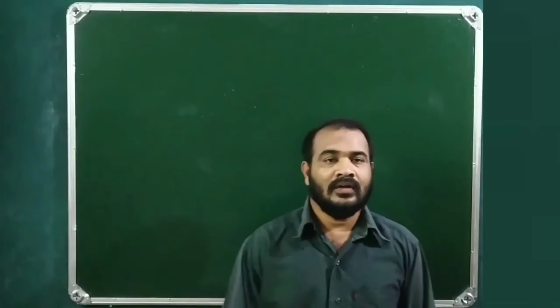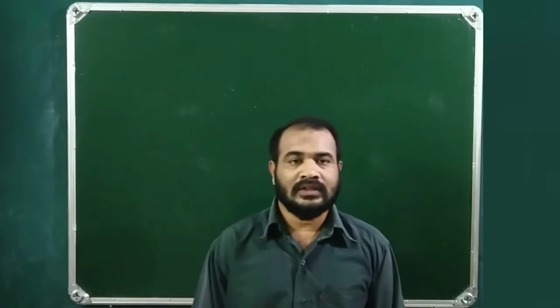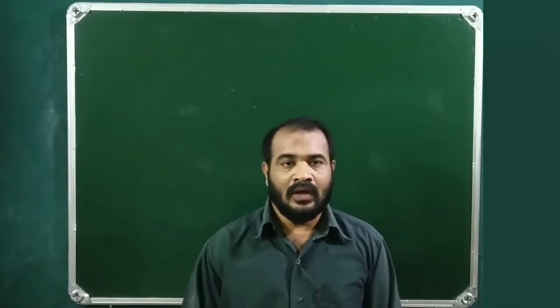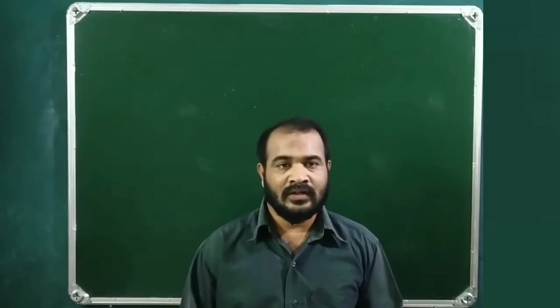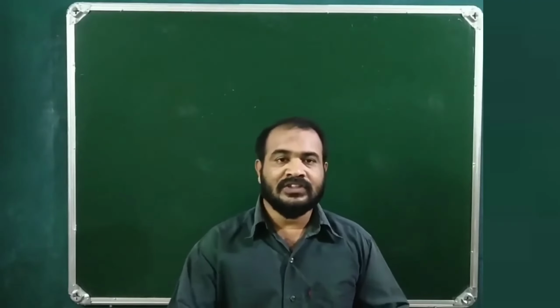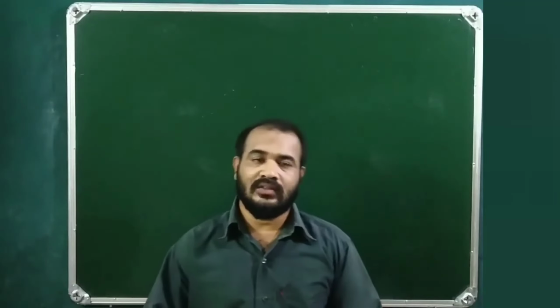Good morning, students. In the previous videos, we have finished the 3A exercise, and in today's session, we will be discussing the stuff which is necessary to do the 3B exercise.